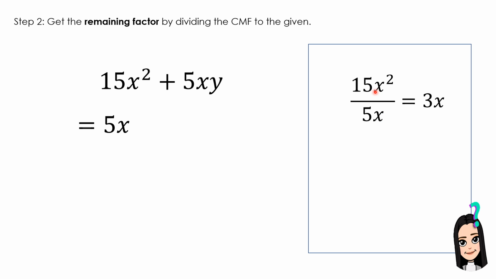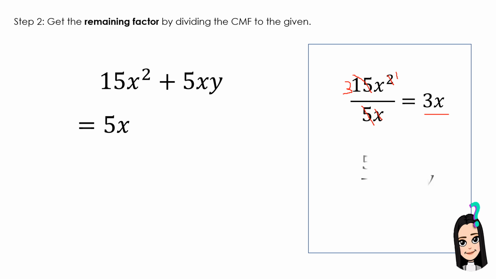So we simply divide 15x squared by 5x. 15 divided by 5 is 3. Then x squared divided by x leaves 1x. So the answer is 3x.